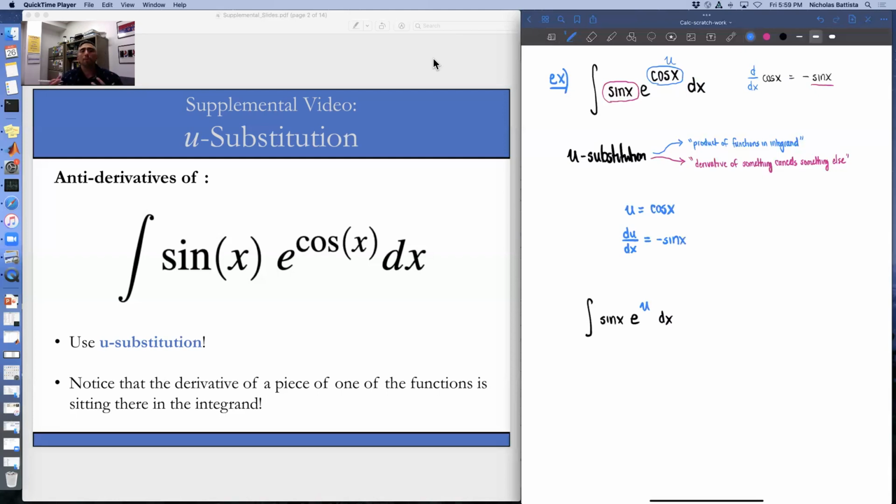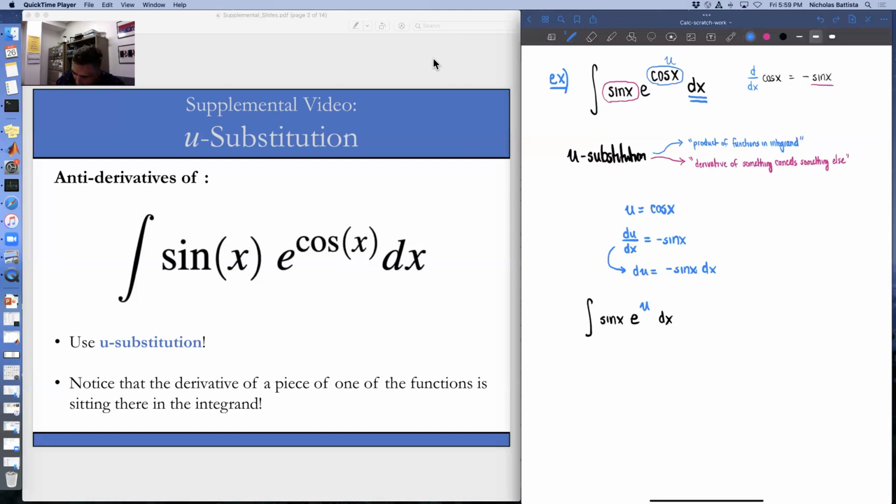Like I mentioned a moment ago, what we're really interested in is a relationship between dx and du, because we want to substitute in for dx to get something in terms of du. If we multiply both sides by dx, we get du is equal to minus sine of x times dx. And we can even do one better: we can solve for dx all by itself.